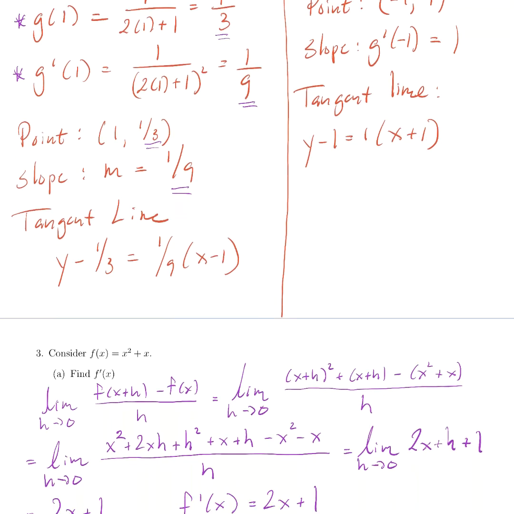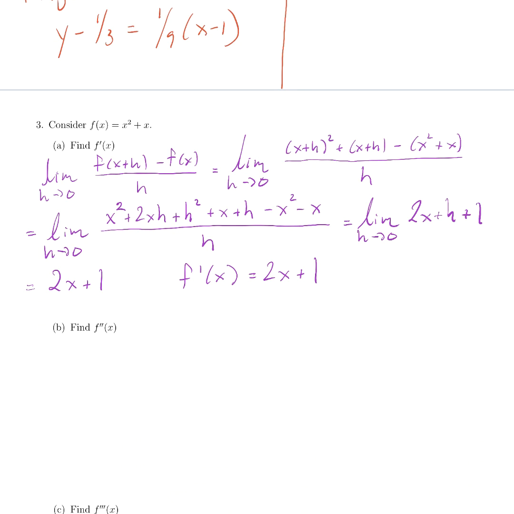Okay, the last question says, here's some function f of x equals x squared plus x. First says find its derivative. Here we go, similar to above. The derivative is the limit as h approaches 0 of f of x plus h minus f of x divided by h. Multiply everything out, cancel all the like terms. There's only terms with h's left.